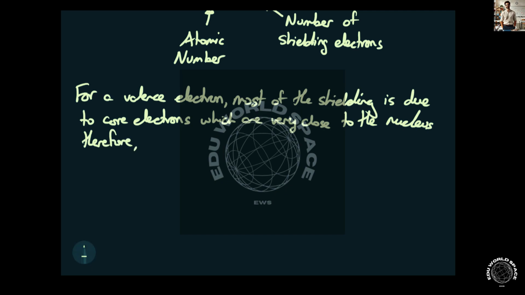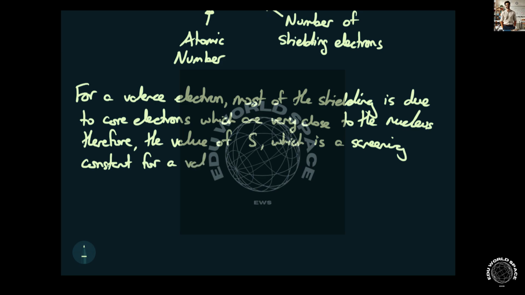Therefore, the value of S, which is a screening constant for a valence electron, is nearly equal to the number of core electrons.